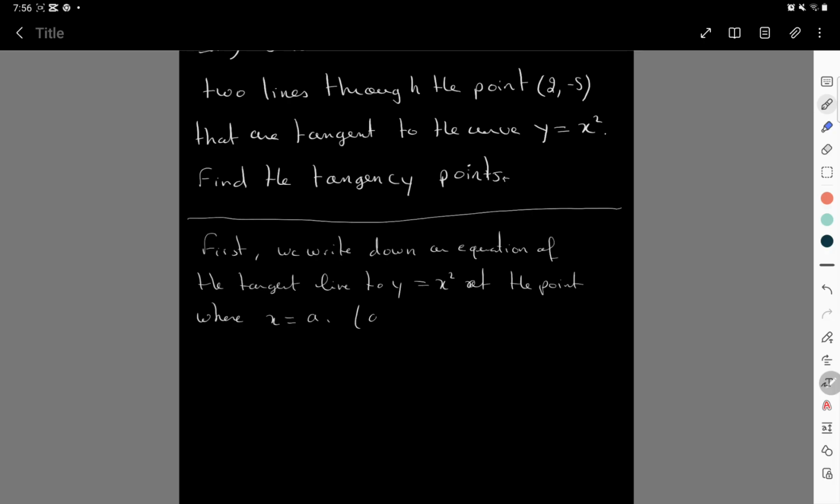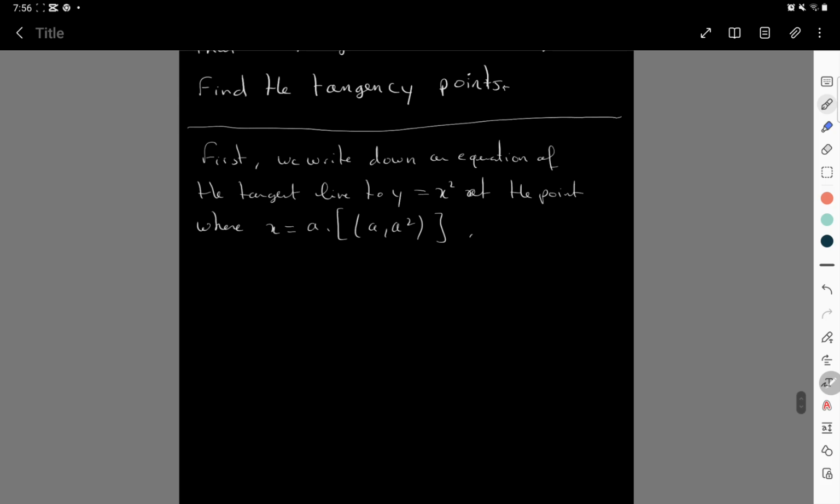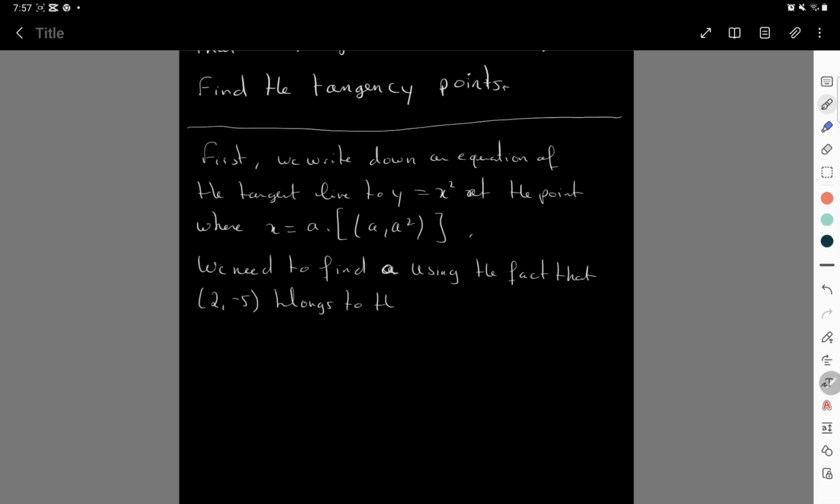So really at the point a, a squared. This is going to be our strategy. So really what I'm looking for is finding a. We need to find a, using the fact that 2, minus 5 belongs to this tangent line.